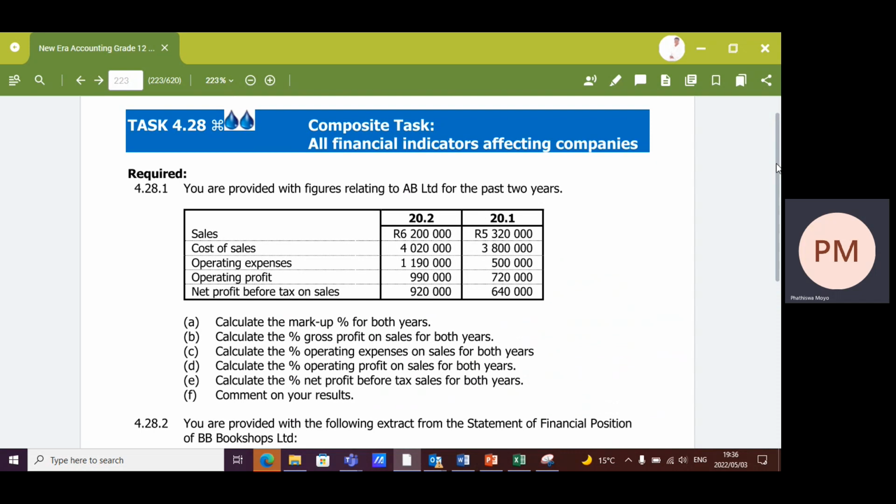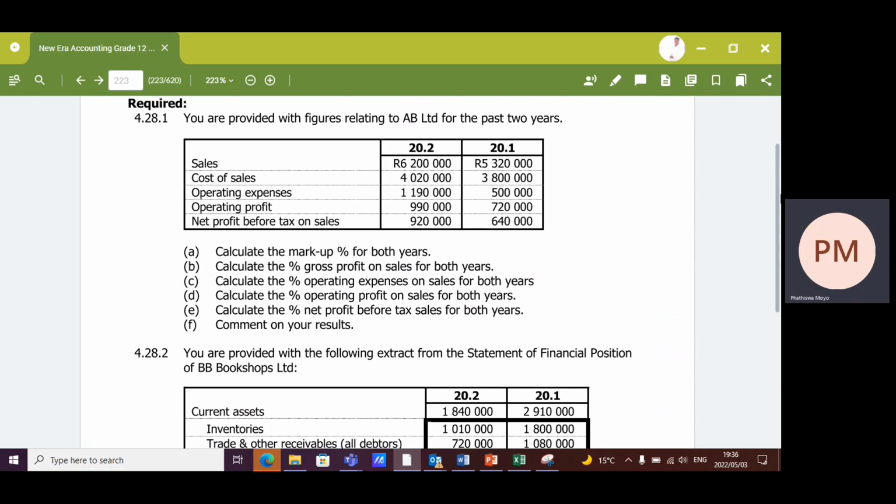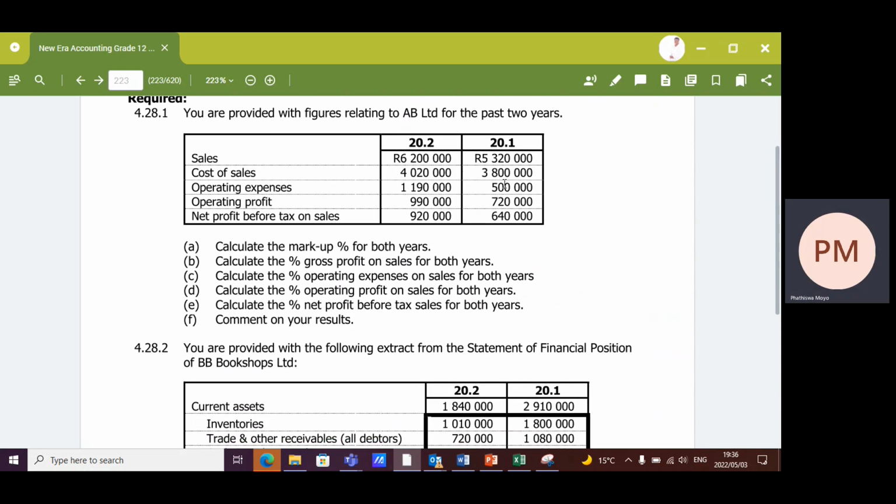This one is task 4.28. They give you information for 2 years for comparative. So guys, when you're doing ratios, you'll be given comparative information, which is information for 2 years. So it's sales, cost of sales, operating expenses, operating profit, net profit before tax on sales. The first thing they say, calculate the markup for both years.